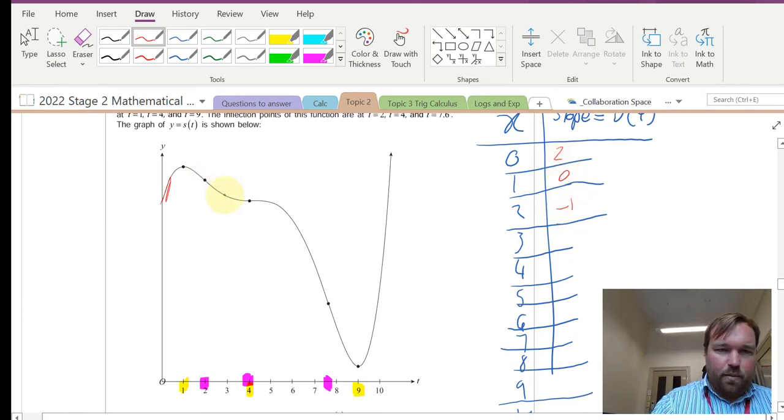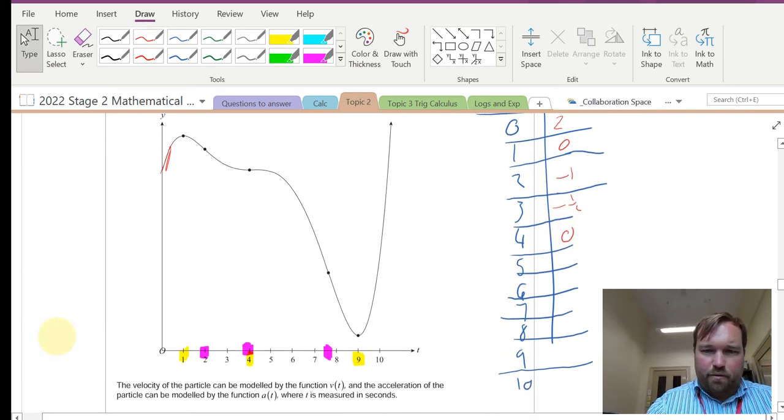At 3, it's not quite as steep, minus a half. At 4, we're at 0. At 5, we're still minus a half. At 6, we're getting steeper, so minus 2. At 7, minus 3.